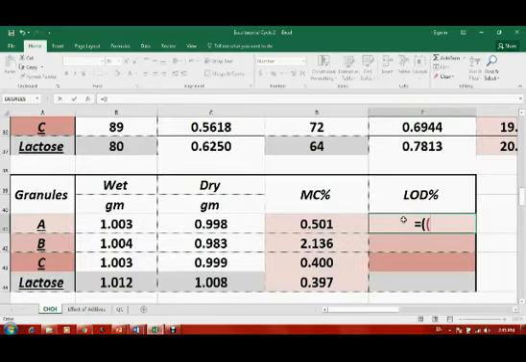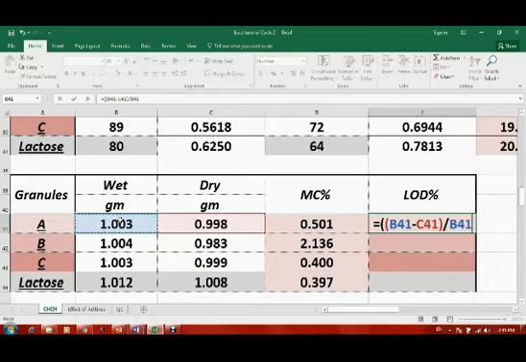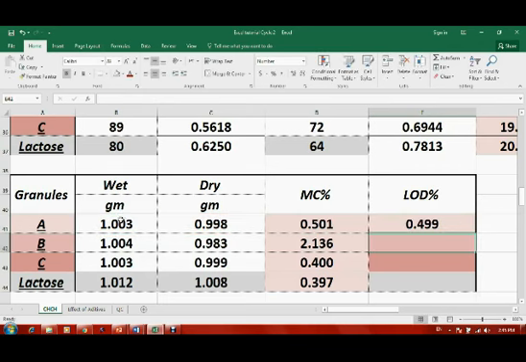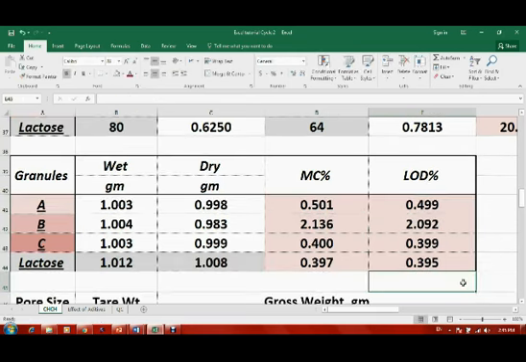While loss on drying is equal to water weight divided by wet weight times 100%. Then here loss on drying is calculated as wet weight minus dry weight divided by wet weight times 100%.